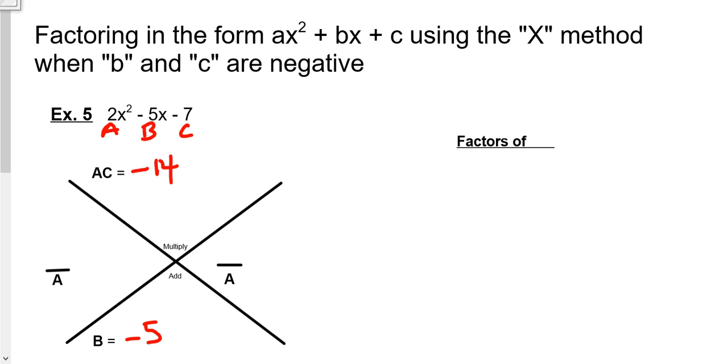So then we're going to find all our factors of whatever AC is. So AC is a negative 14. Now when both B and C are negative, one of your factors has to be positive and the other has to be negative, because the only way to get a negative constant, C, is to multiply a positive and a negative.